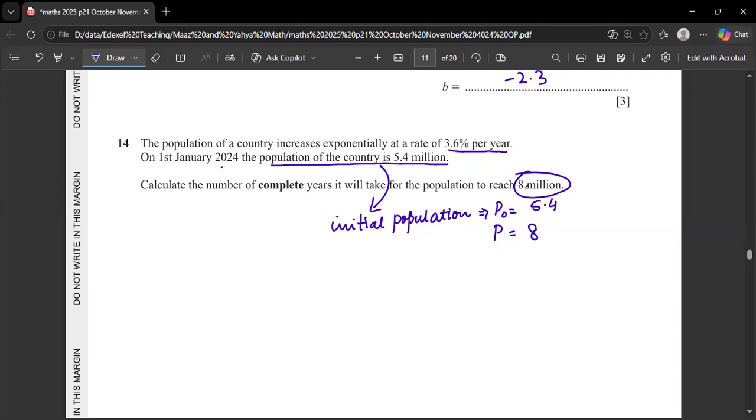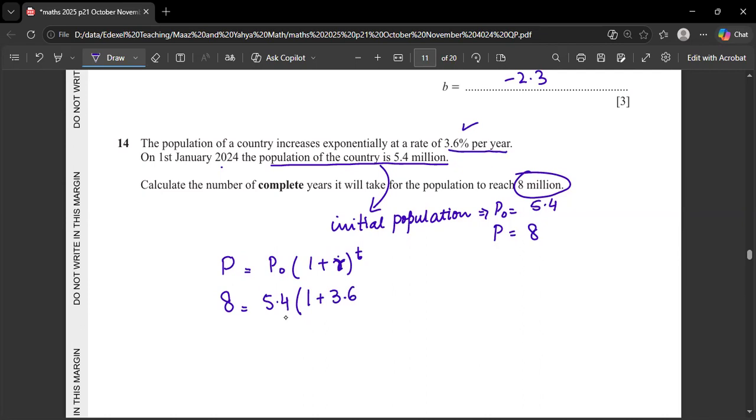So the formula that we can use is the final population is going to be the initial times 1 plus i to the power t, where i or r, you call it r or i, that's going to be the rate, okay? So P naught is 5.4, P is 8, and r is the rate.